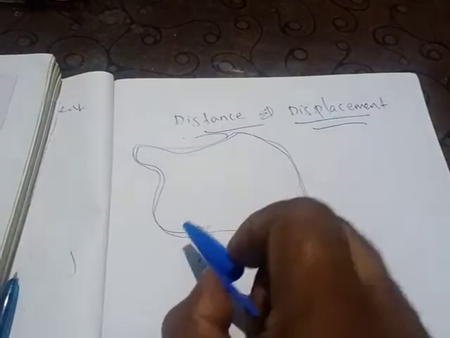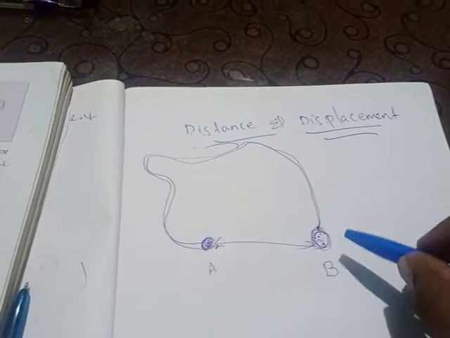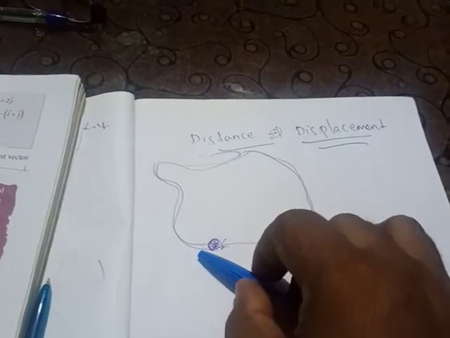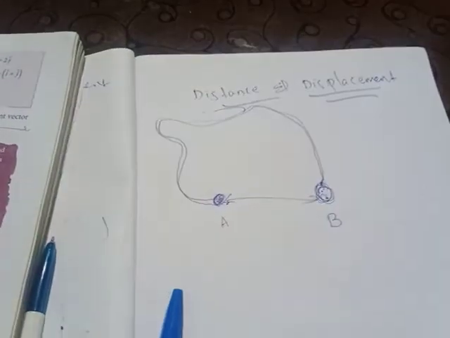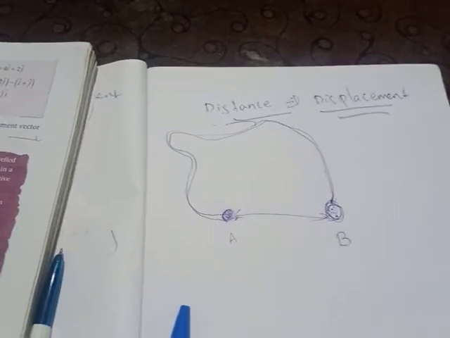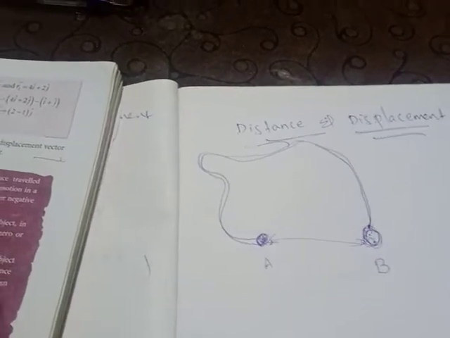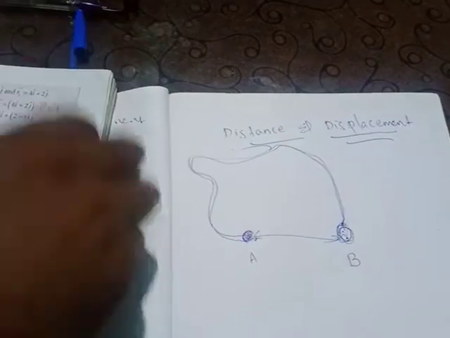That is what we call displacement. And from this point it chooses another path. So the total path length traveled by the object in a given interval of time is what we call distance. I believe you understand the difference between displacement and distance.